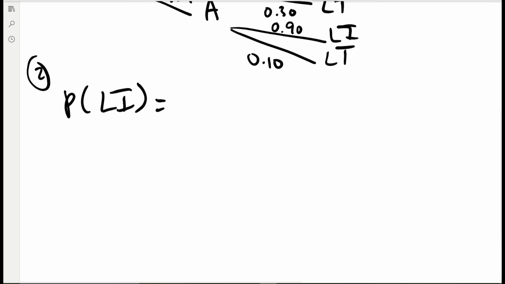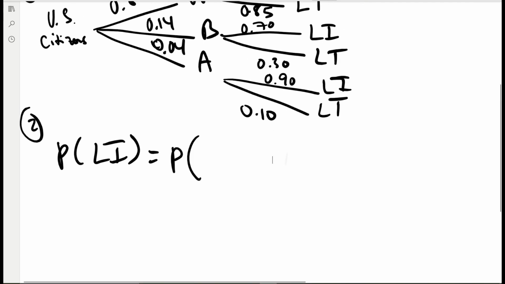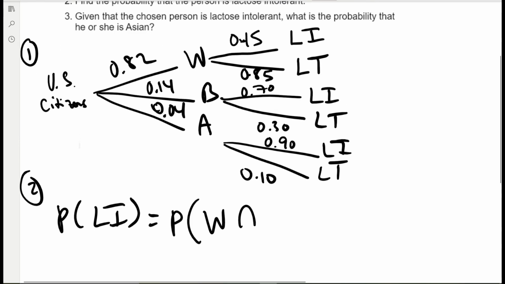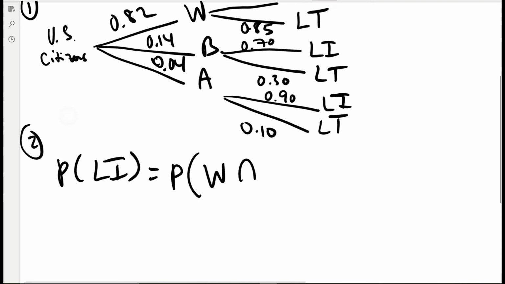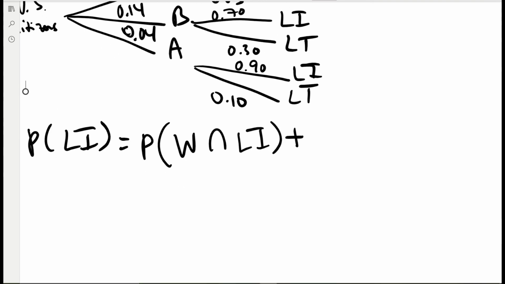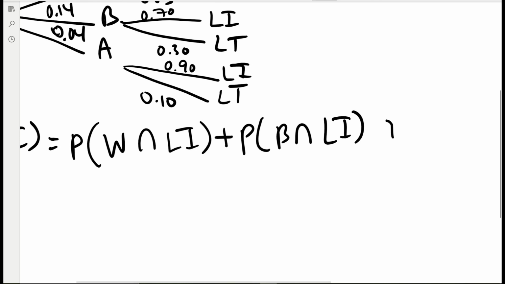So we can rewrite this as the probability of W and Li, or, which means you add, right? Probability of B and lactose intolerant, or probability of A and lactose intolerant.